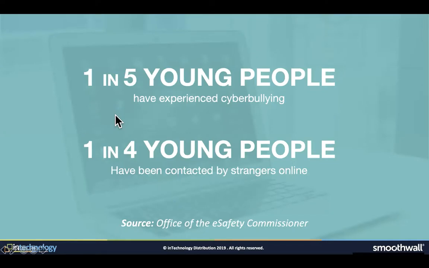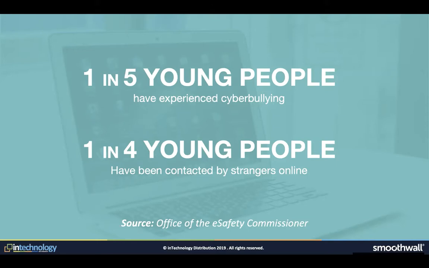And that action's very, very needed in today's society. With very recent research coming through from sources like the Australian Office of the eSafety Commissioner, we have a very high level of young people being exposed to victimization and cyberbullying. Over 20% of our young people these days are having that behavior targeted towards them, and over a quarter are actually engaging with unknown strangers online.